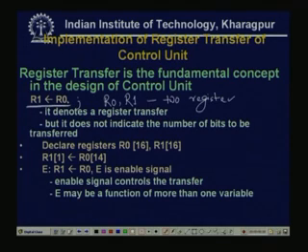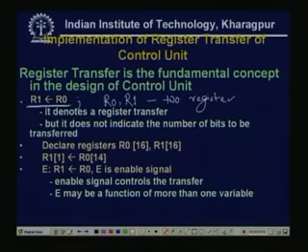By this notation it denotes a register transfer, but it does not indicate the number of bits to be transferred. Whether this register is an 8-bit register or a 32-bit register is never specified by this notation, so it is not understood how many bits are transferring.